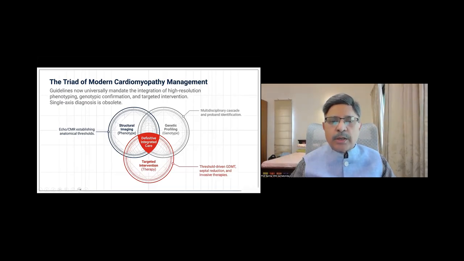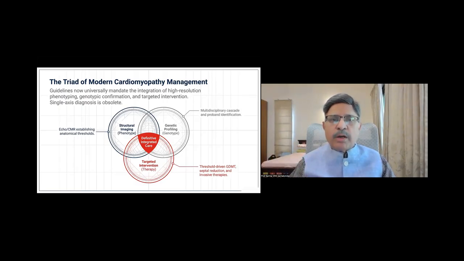That leads to targeted intervention therapy and threshold-driven GDMT, guideline directed medical therapy. GDMT is guideline directed medical therapy. Then SRS, septal reduction surgery, and invasive therapies like ICD, and then ERT. So these are the modern managements.